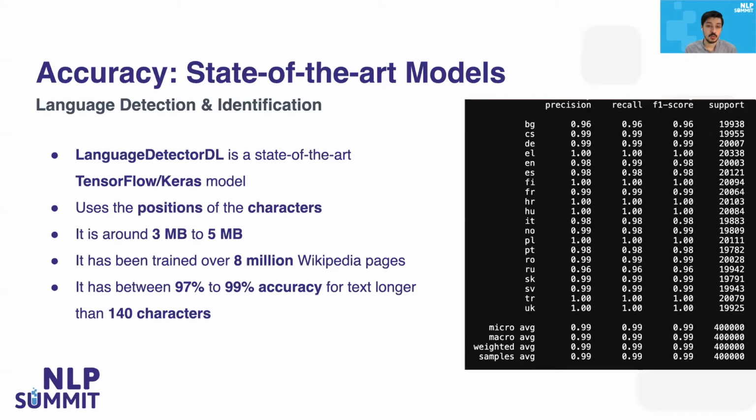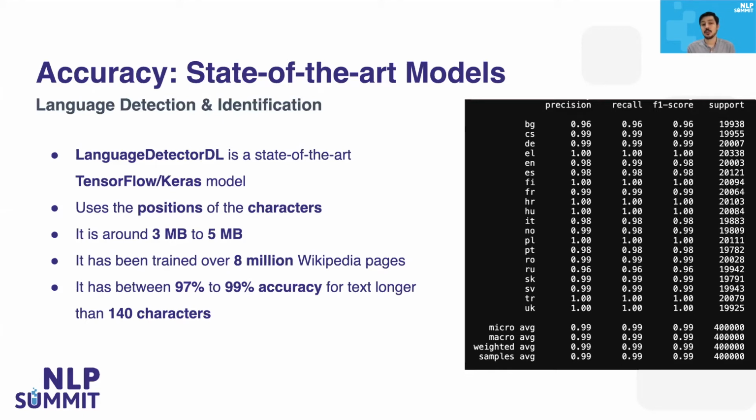SparkNLP is also one of the very few open source NLP libraries that not only offers language detection and identification, but also achieves such a high accuracy in doing so. The models are designed and trained by using TensorFlow Keras. There is no need for any pre-processing, nor are any word embeddings involved.